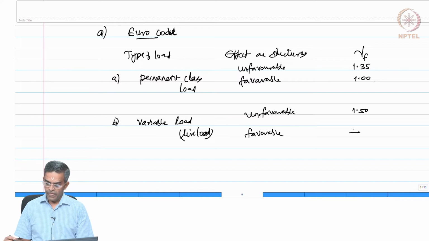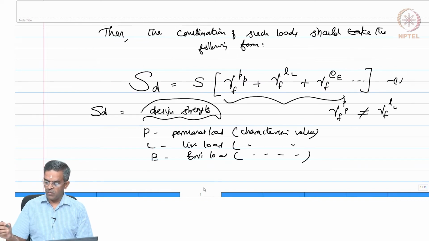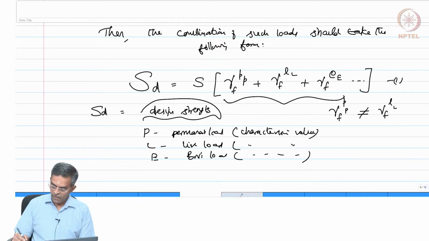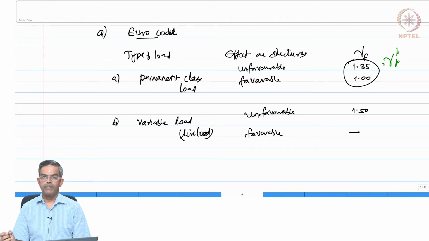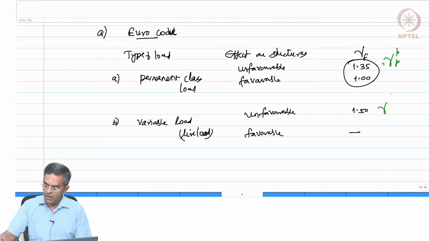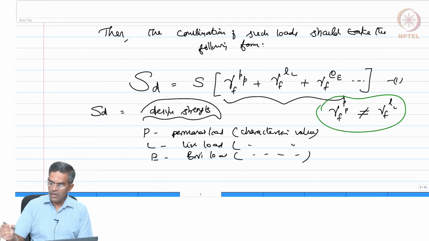So, friends, looking back these values and looking back this equation, now I can say gamma PP can be either 1.35 or 1.0, whereas gamma LL can be 1.5. So, as I said, they need not be equal.